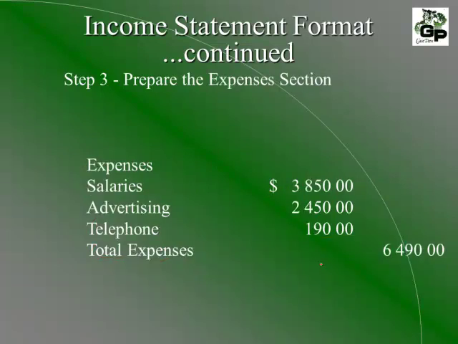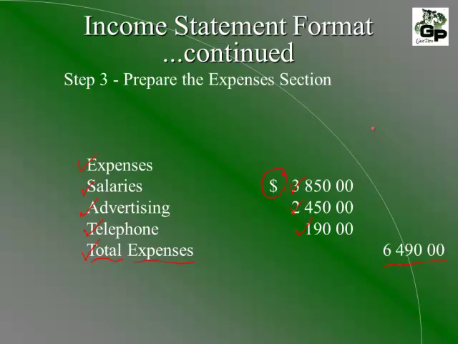Next, step 3, we prepare the expenses section. We have the title for the expenses called expenses. Then we list the accounts that are part of the expenses, and in the next column we list their amounts. The first item in this section needs to have a dollar sign. At the bottom of the expenses section, we put the total expenses and its amount.